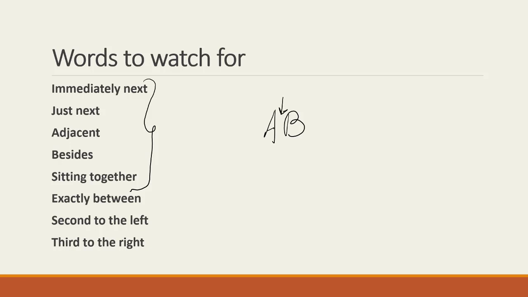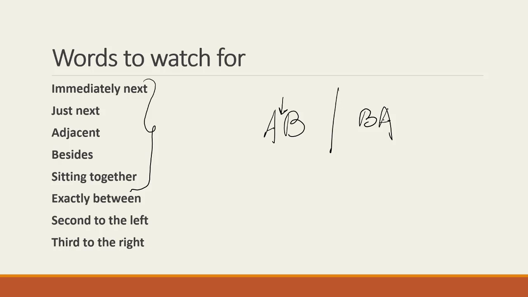So the arrangement could be A followed by B, or B followed by A, because whenever I am reading these lines, it is still not clear to me who is to the left and who is to the right. But all I know for sure is there is no third person between them.